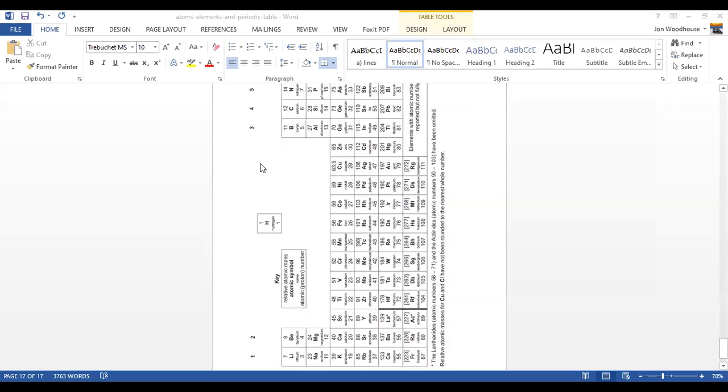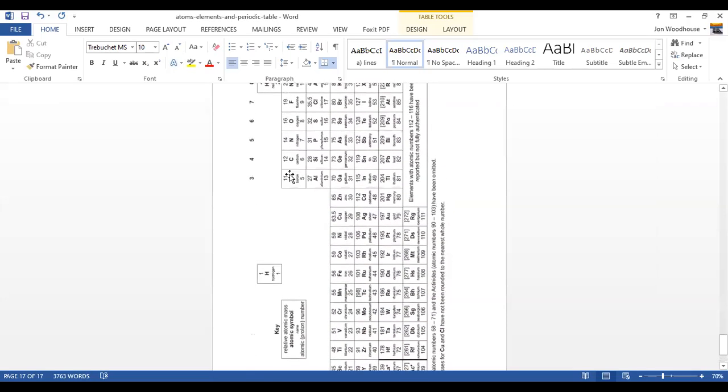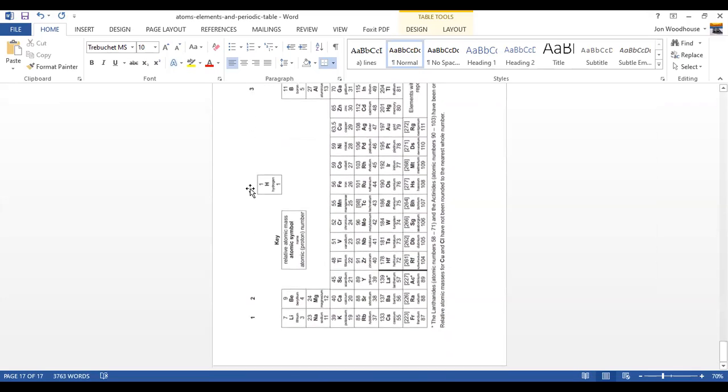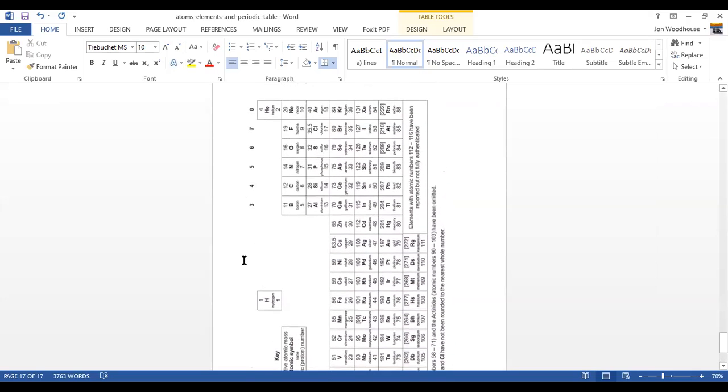So we can see that this column here is group 1. This column is group 2. We miss out the middle bit, and then we get to group 3, 4, 5, and oxygen, well, that's in group 6. Now I'll have a look at this in a bit more detail because these groups refer to the electron configuration. So more about that later.